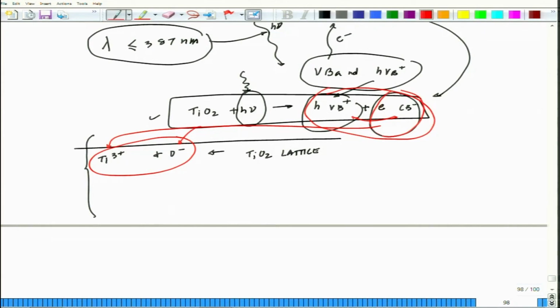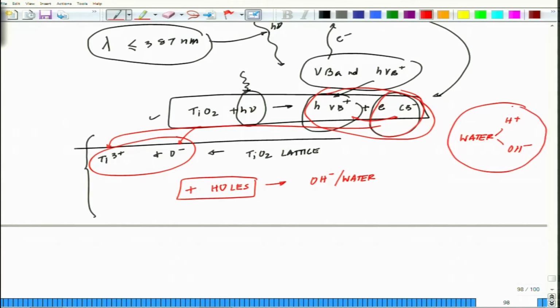Positive holes can oxidize OH- of water or water at the surface, because when you talk about water we are talking about H+ and OH-. So now this OH- is transformed to produce OH radical, which is hydroxyl radical.